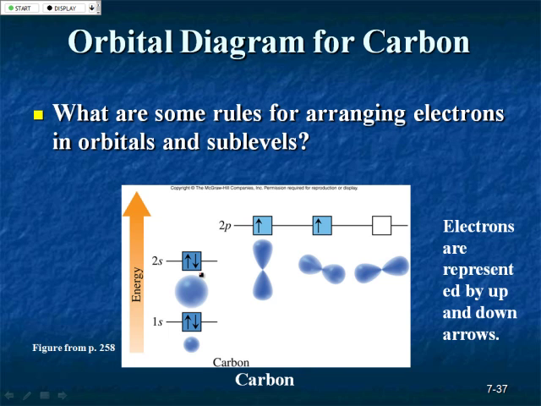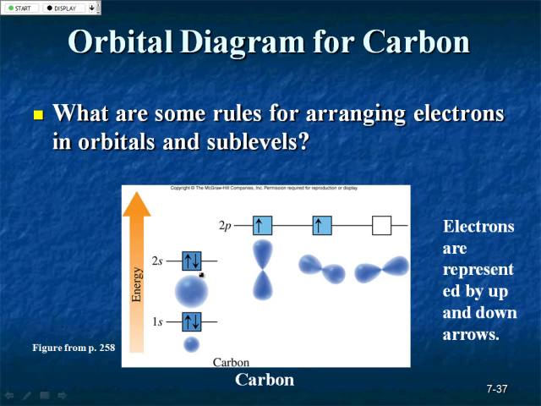So use the orbital diagram to write the electron configuration for silicon. Okay, so I'm going to take you through the steps. How do we do this? First, you need to know how many total electrons you have. Silicon, how many total electrons do you have? 14, from the periodic table.